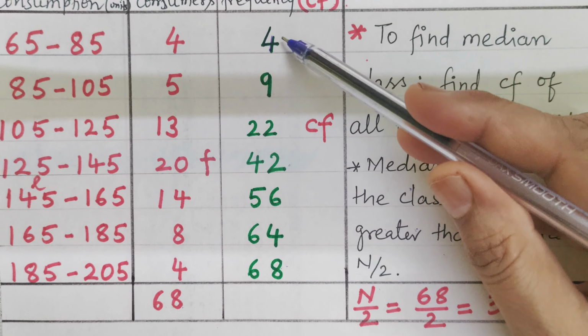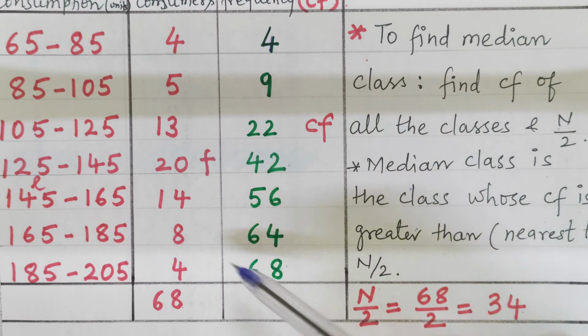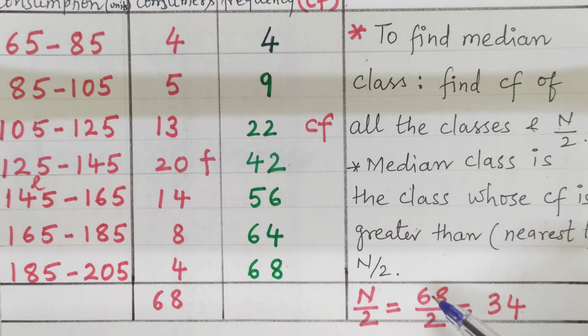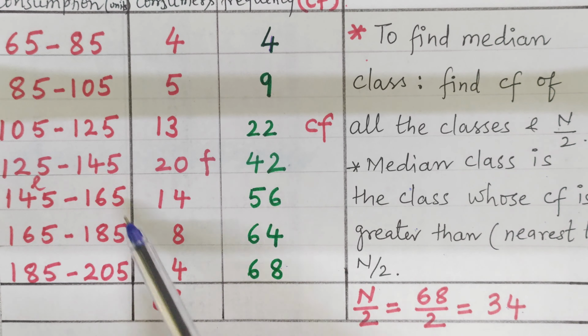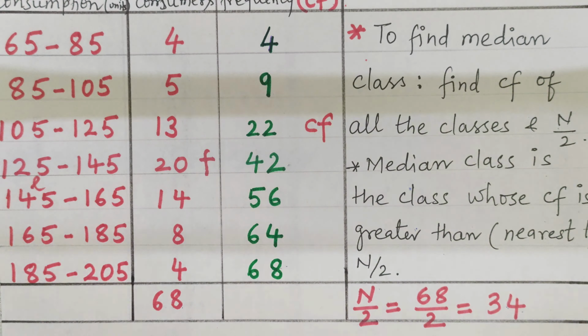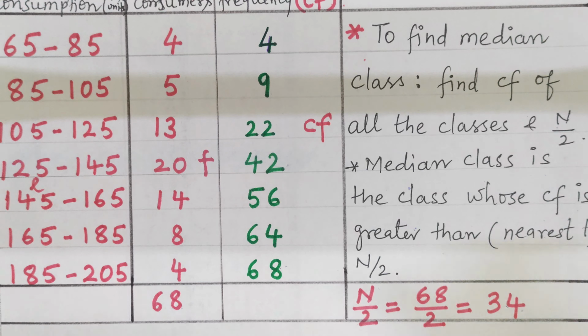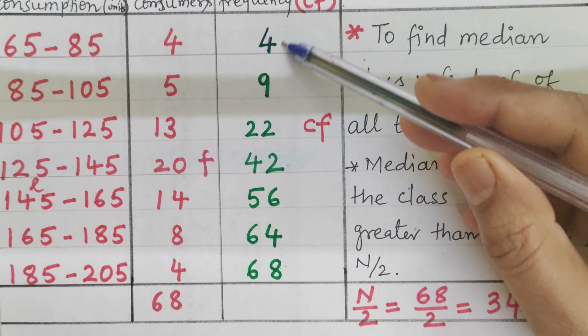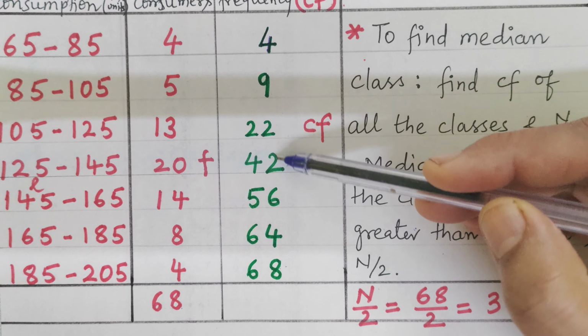So these are the cumulative frequencies, and here the value of n by 2 is 68 by 2, which is 34. The median class will be the class which has cumulative frequency more than 34. So here more than 34 is this number.